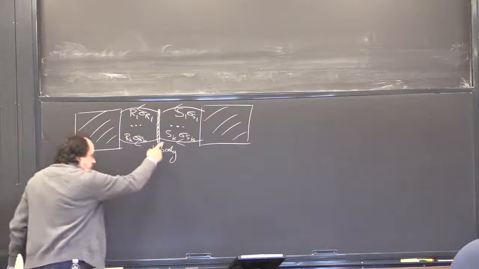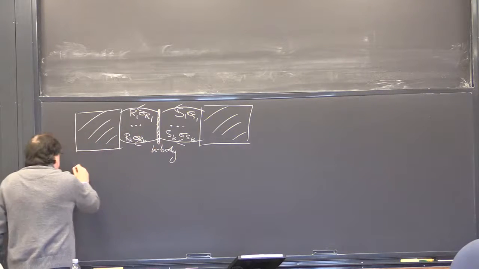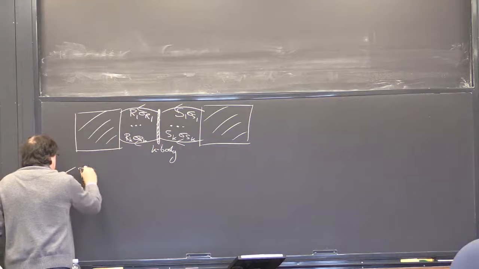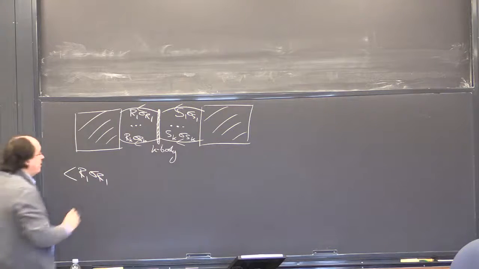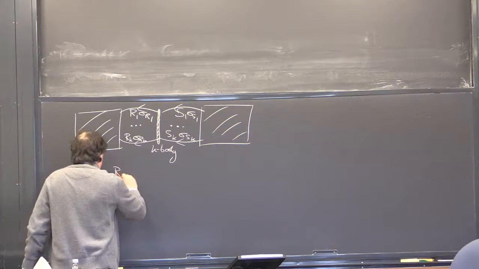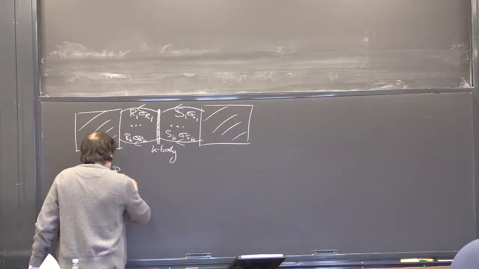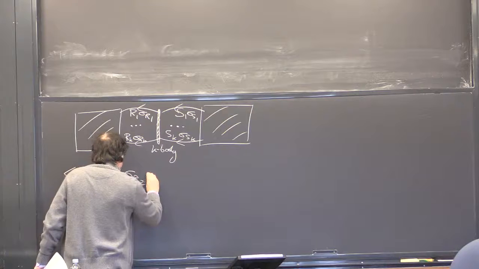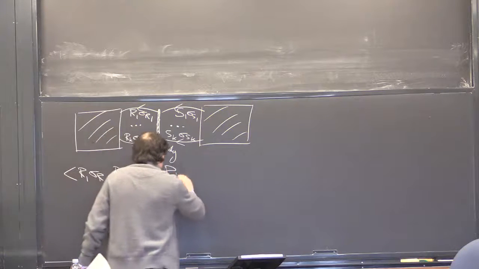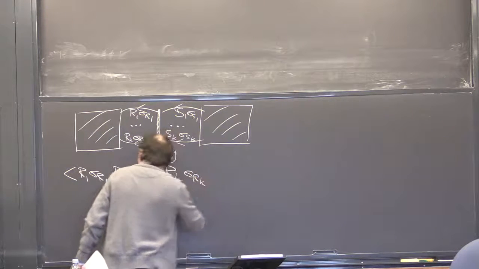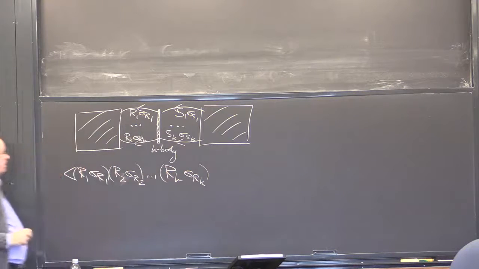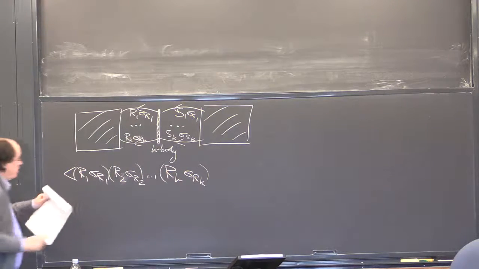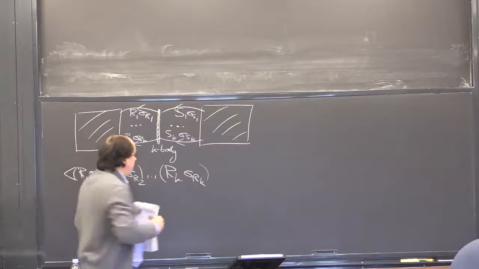I'm going to focus specifically on this matrix element. You have R1, sigma R1, that's your first spin orbital in the graph. Then you will have R2, sigma R2, and then Rk, sigma Rk. I'm going to put them in little brackets to emphasize different spin orbitals. So we have k spin orbitals in the bra.